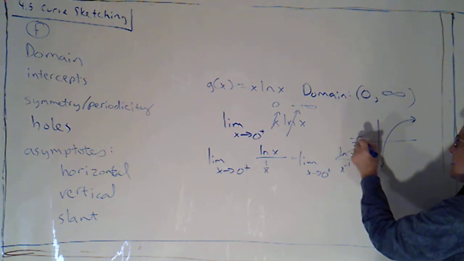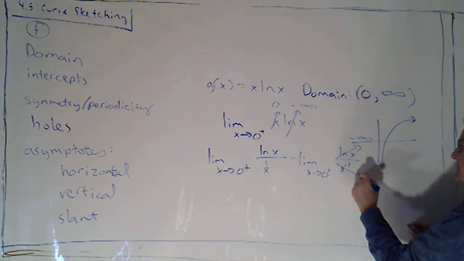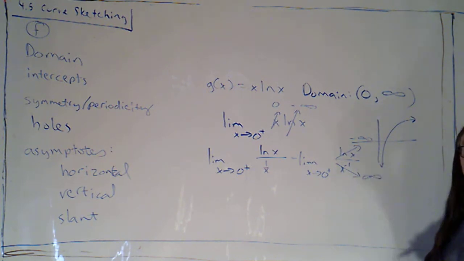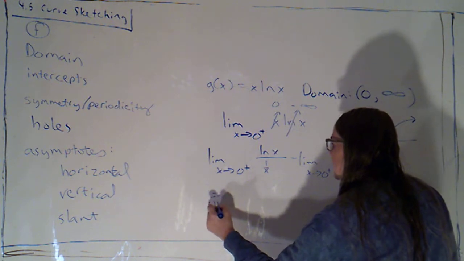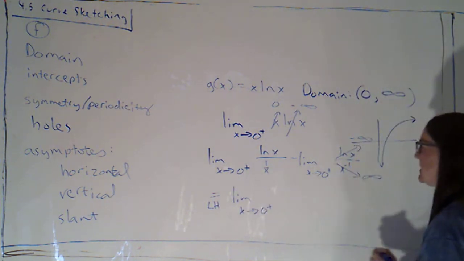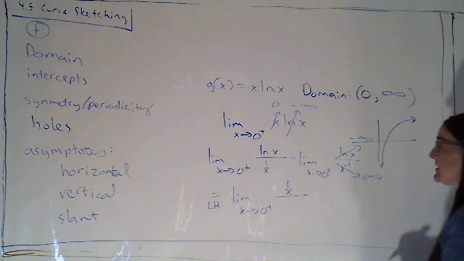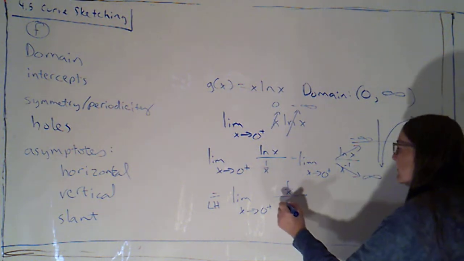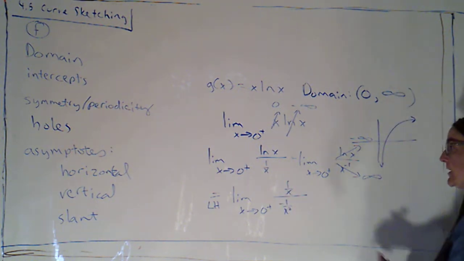Okay. Now, if we've done this correctly, this is now an indeterminate quotient. So let's see, that's going to negative infinity. The reciprocal of x, when x is positive, is going off to positive infinity. So this is an indeterminate quotient. So I can apply L'Hopital's rule and say this is the limit as x goes to 0 from the right of the derivative of the natural log, which is just 1 over x, times the derivative of x to the negative 1, which is just negative 1 over x squared.